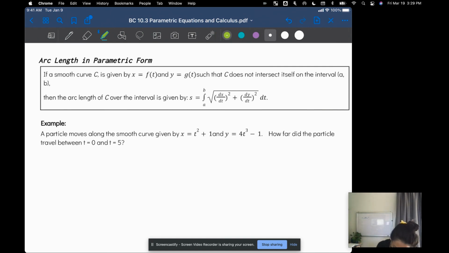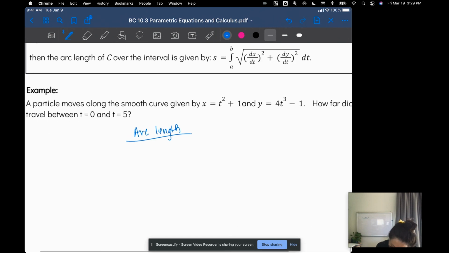So I know that arc length of a parametric is defined by the arc length is equal to the integral from a to b of the square root of (dx/dt) squared plus (dy/dt) squared, dt. It's like fancy Pythagorean theorem.